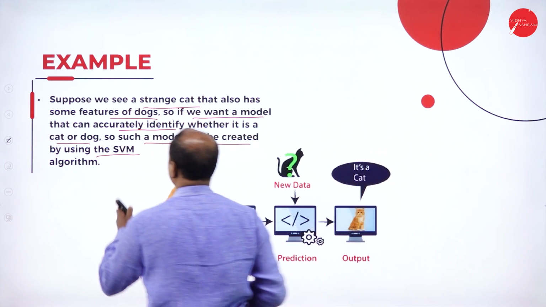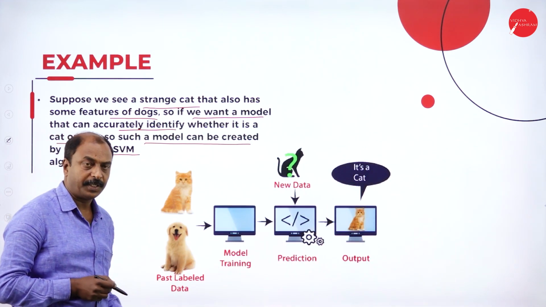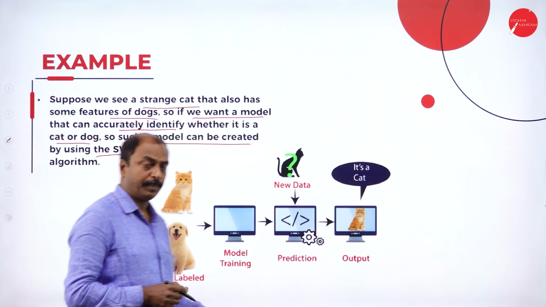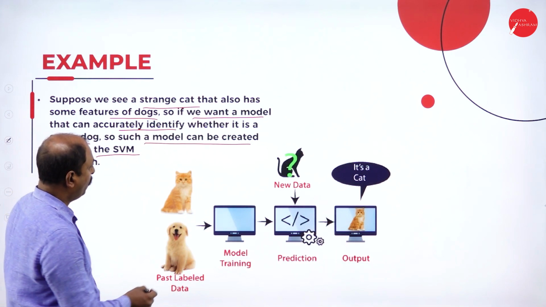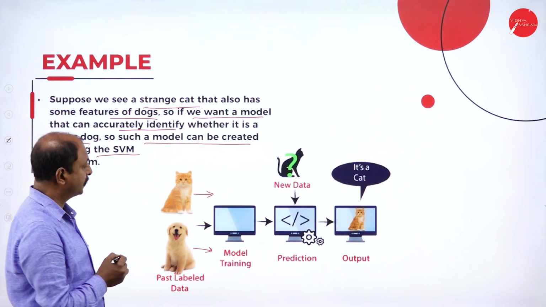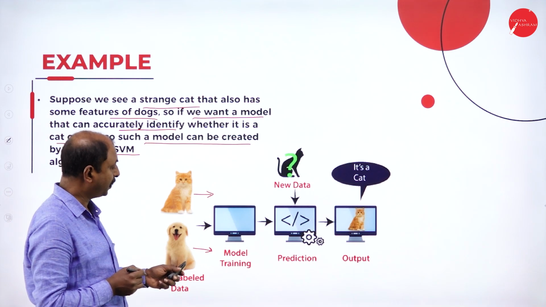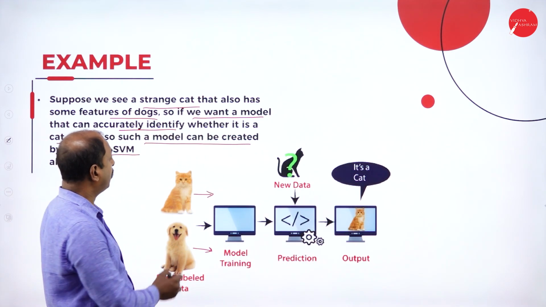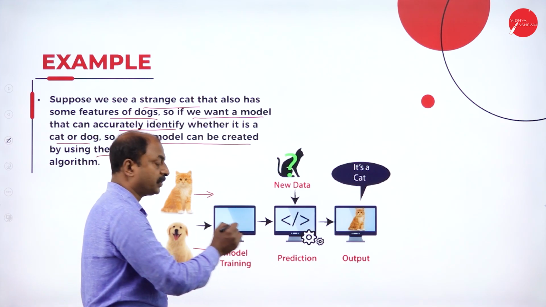As per the example here, this model is developed based on two factors: one is cat and one is dog. This model is prepared with the features of cat as well as the features of dog.